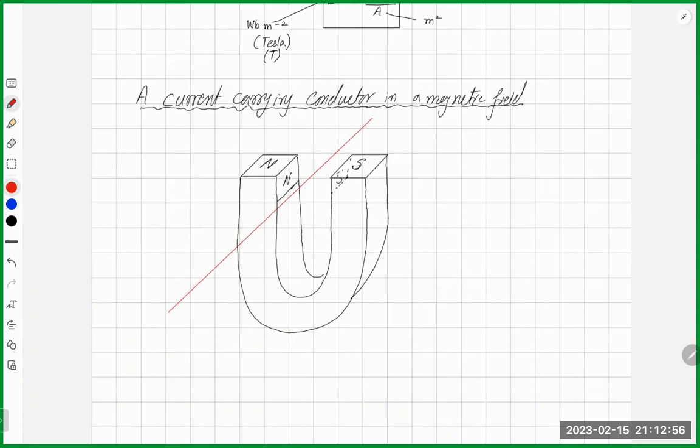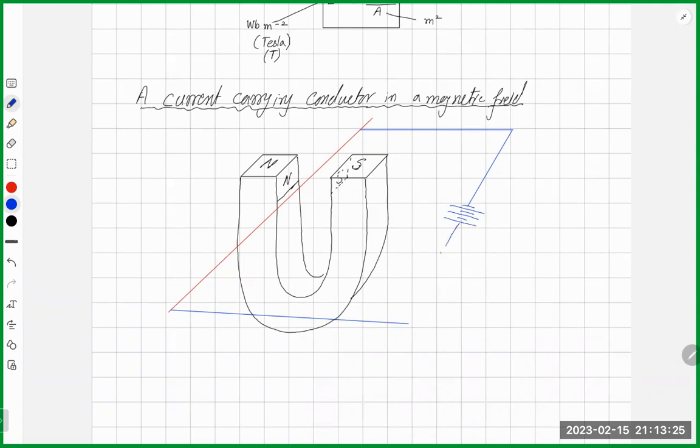Now here we have a copper conductor. This copper conductor is connected to an external circuit. This is a battery.